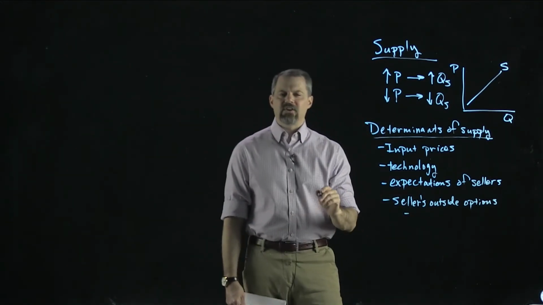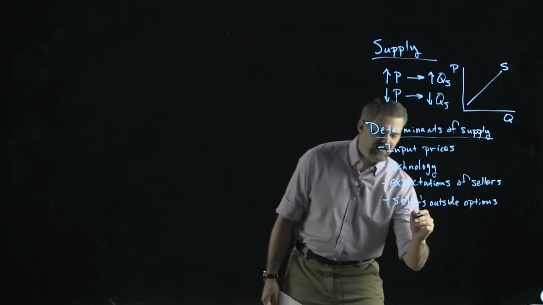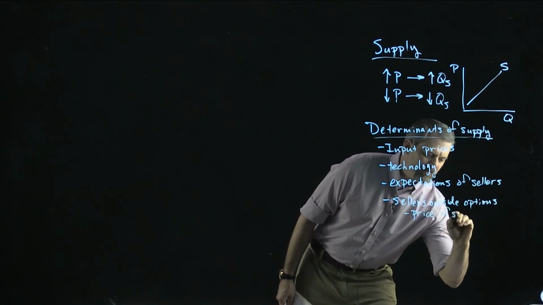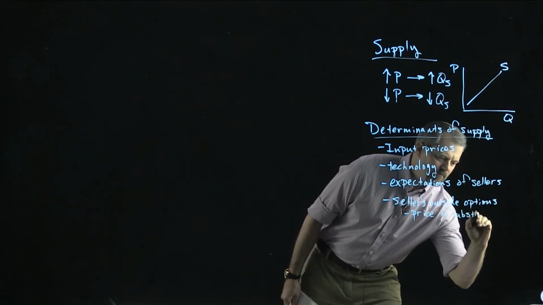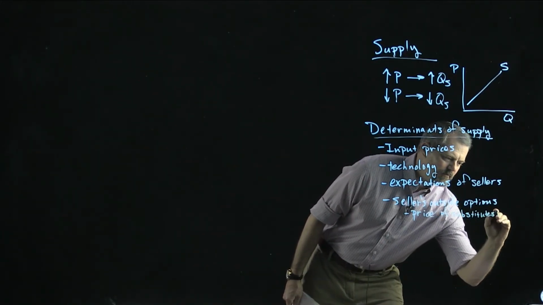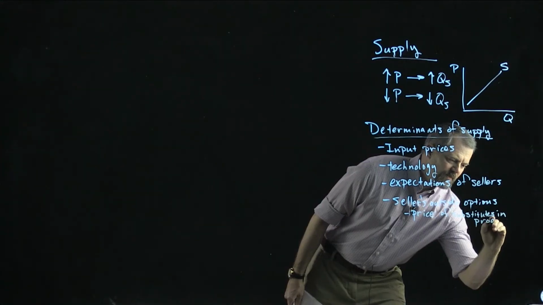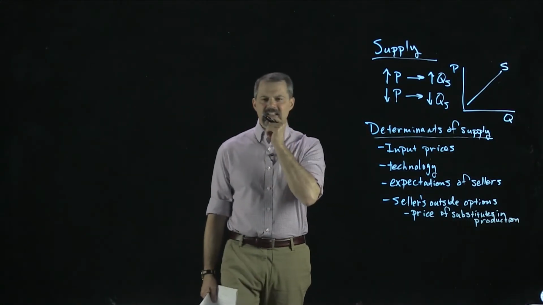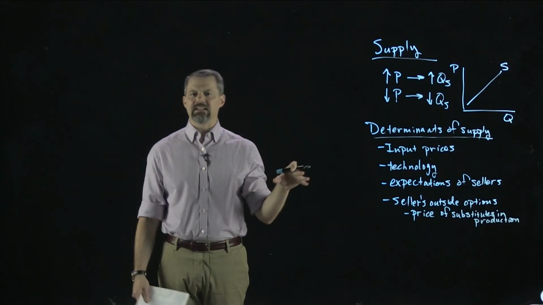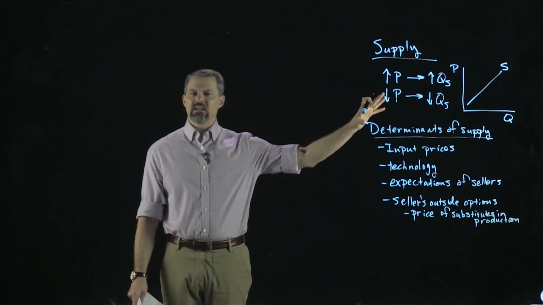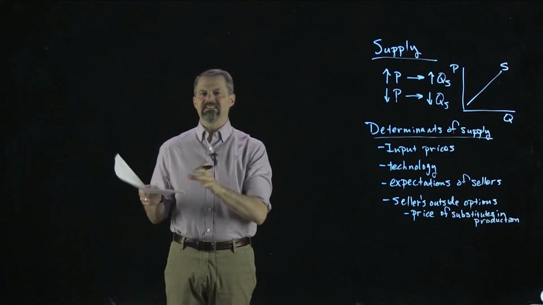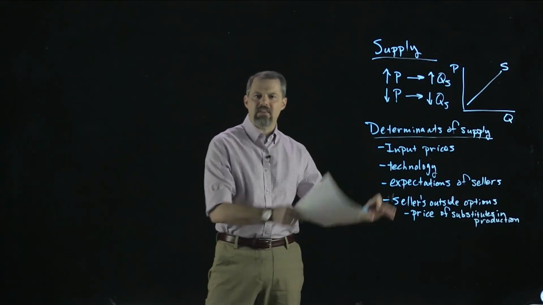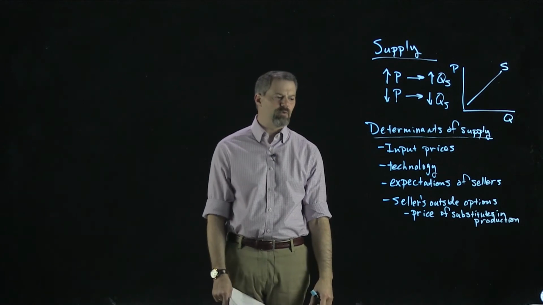Another way that some textbooks describe this is price of substitutes in production. This simply means that any seller typically can sell multiple things, and if one thing becomes more profitable to sell, they may decrease the supply of other things that they sell to focus more on that one thing that has become more profitable.